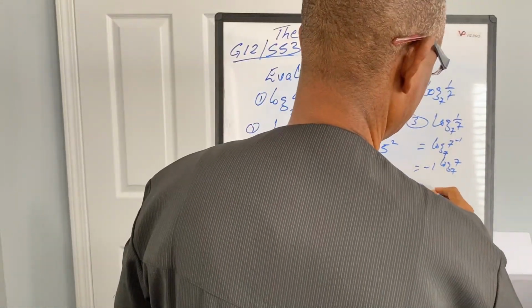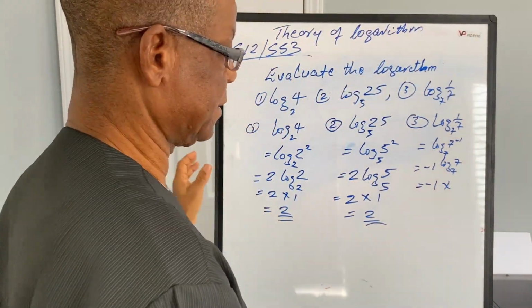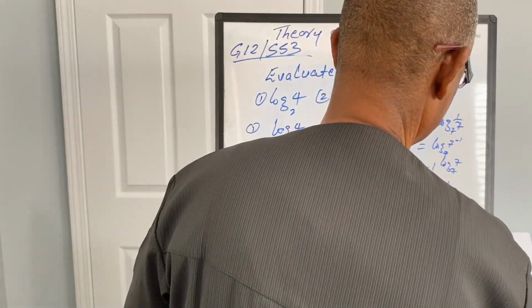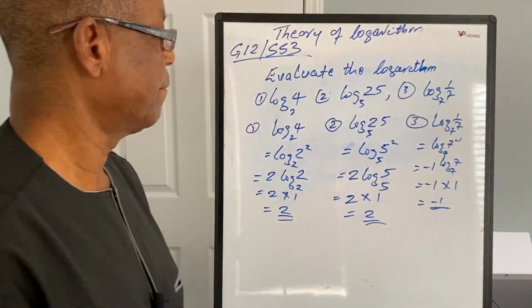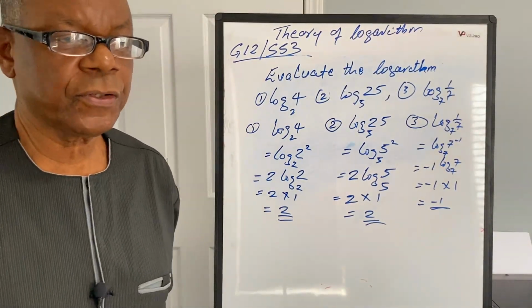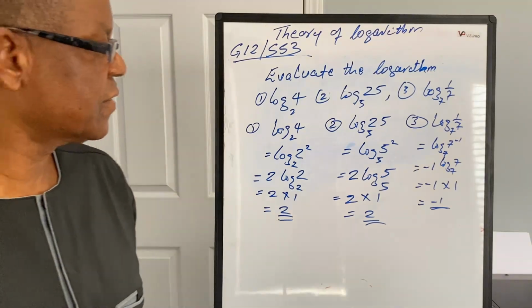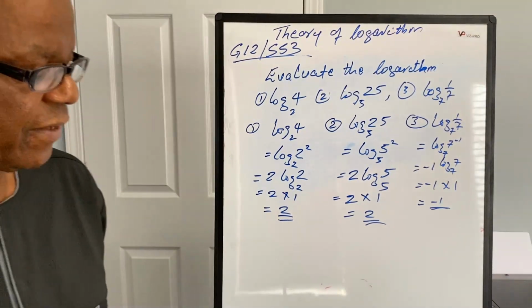That will result to minus 1 times 1, because log 7 base 7 is 1. And we now have minus 1 as our answer. We have been able to evaluate log 4 base 2, log 25 base 5, and log 1 over 7 base 7.